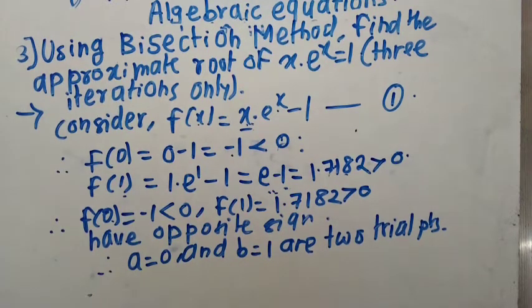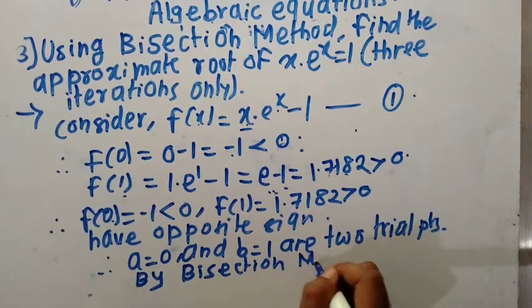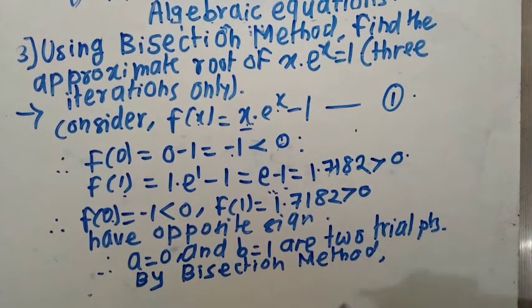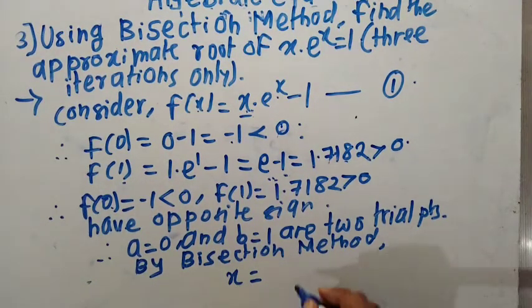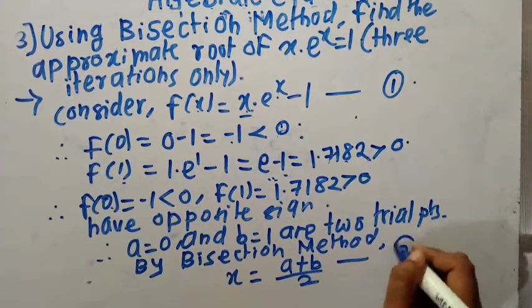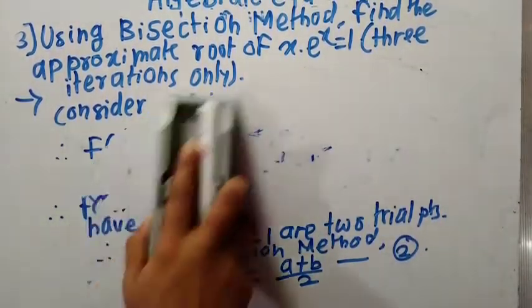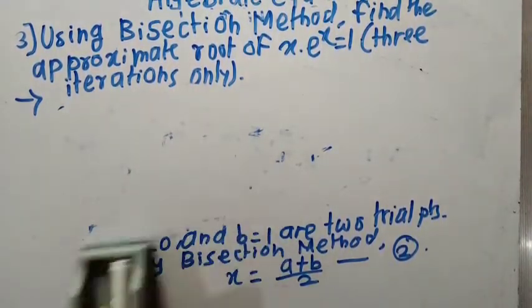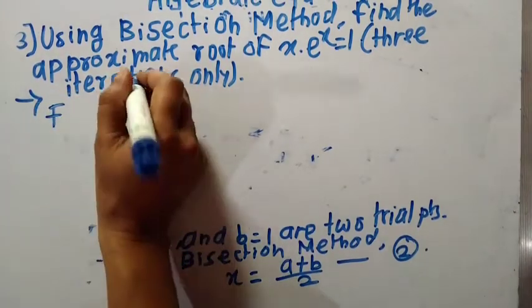So by bisection method, x is equal to a plus b divided by 2. It is second equation. Then here find out 3 iterations.